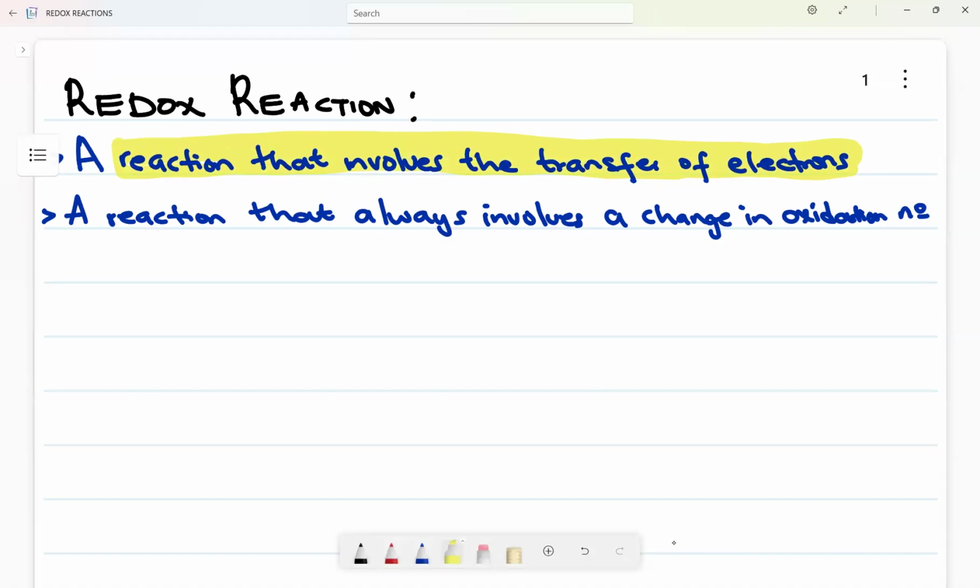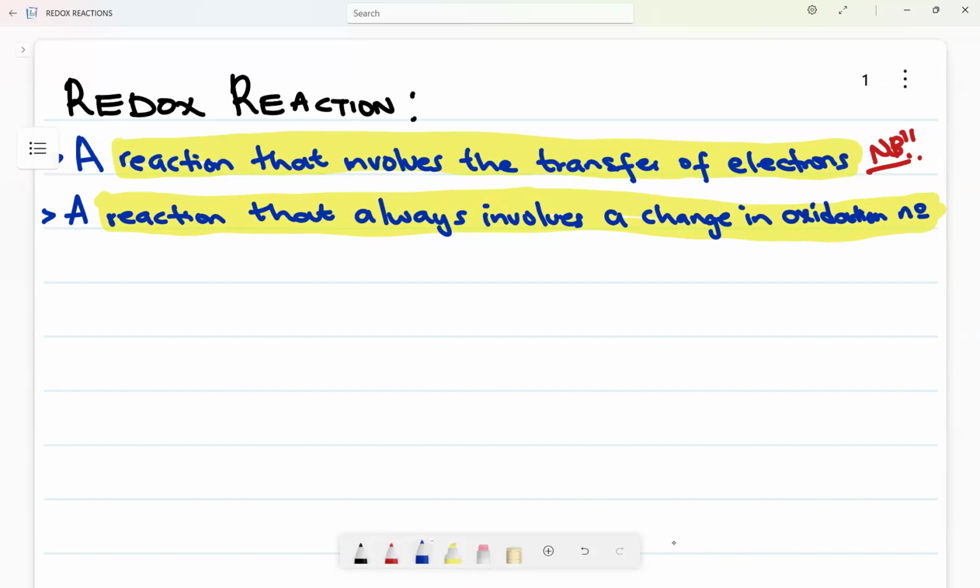The other person can say a redox reaction is a reaction that always involves a change in oxidation number, which is always true. This is also true because we will talk a lot about oxidation number, and then we'll talk a lot about electrons also. But I prefer you to use this one.